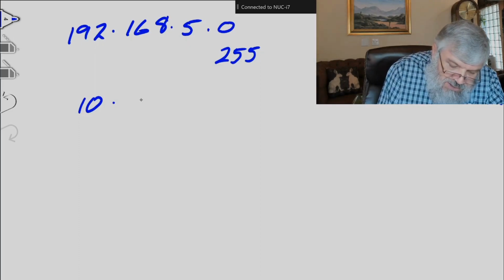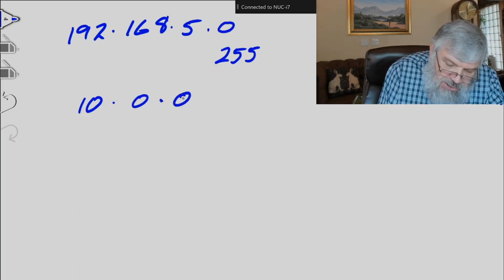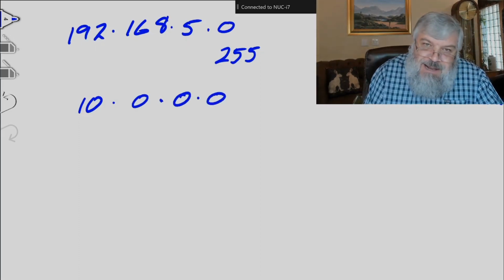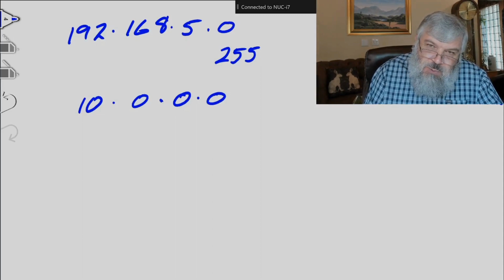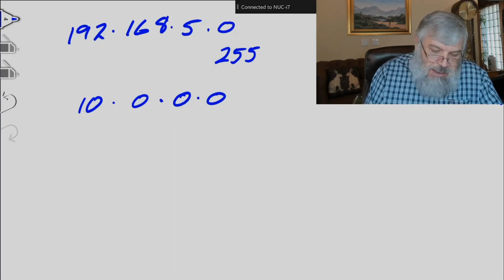If you say .0, in other words, you fill up the entire host portion with zeros, then that says I am talking about the full 32-bit address of my network, not of any host on the network. Again, we refer to that as the network address.